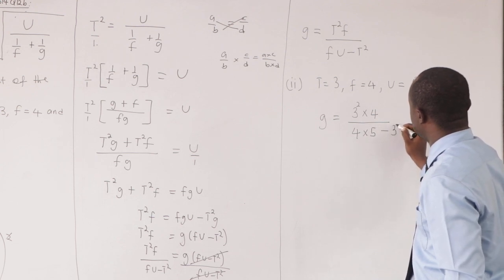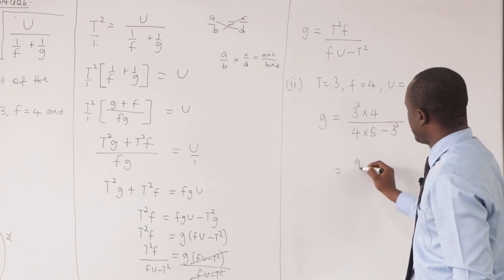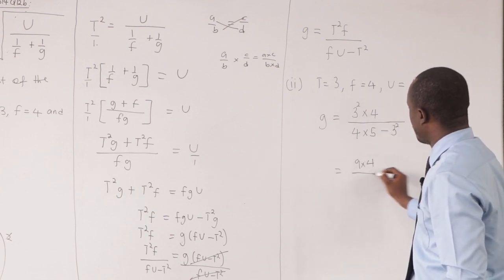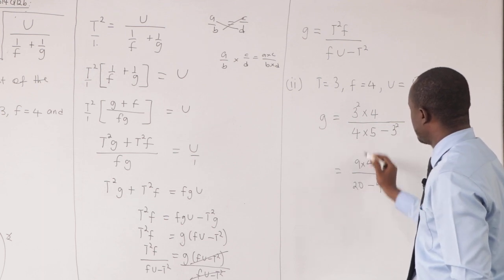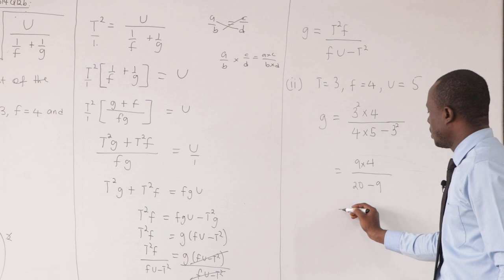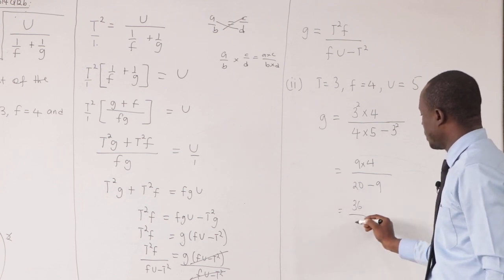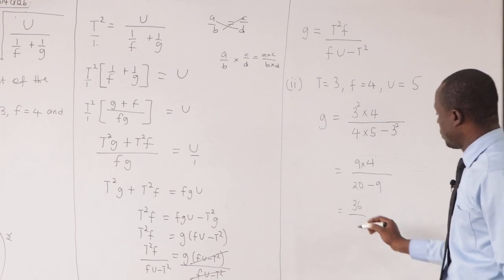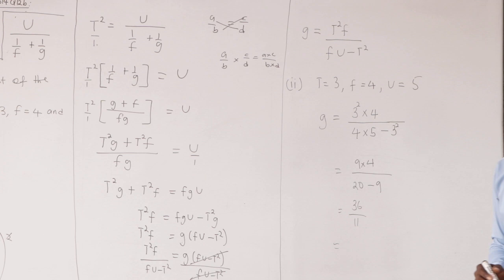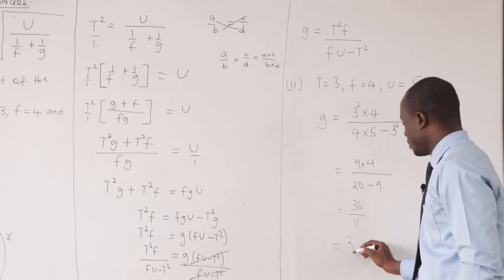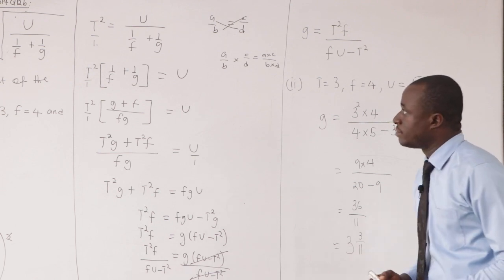Minus t squared, that is 3 squared. Now, this will give us 9 times 4 all over 20 minus 9. That is 4 times 5, 20, minus 9. In this case, we are going to get 36 all over 11. How many times will 11 go into 36? That is 3 times. So 3 whole number, 3 all over 11.